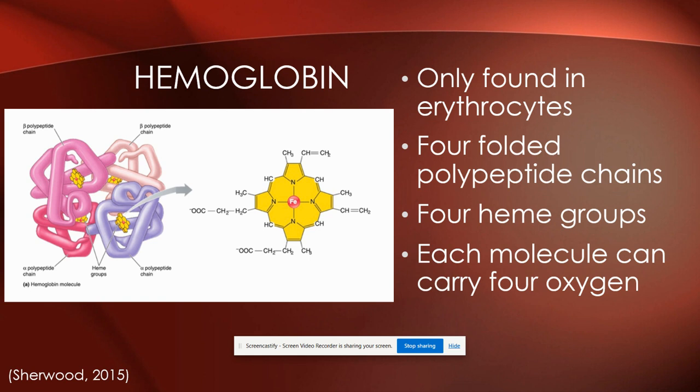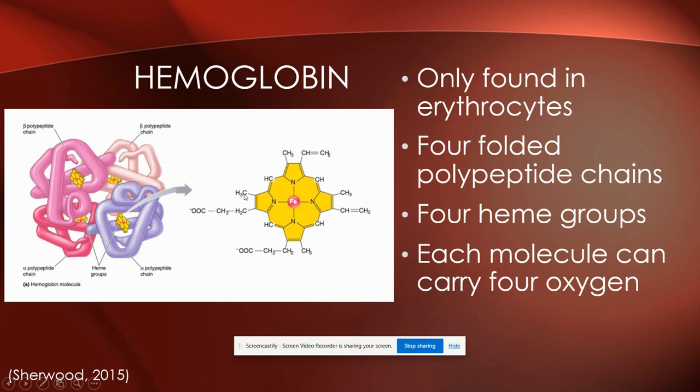And it has four heme groups, hence hemoglobin. These heme groups contain iron, and each binds to one polypeptide, as you can see here in this picture. We have our four polypeptide chains that are highly folded, and each one has a heme group at the end of it that carries iron.